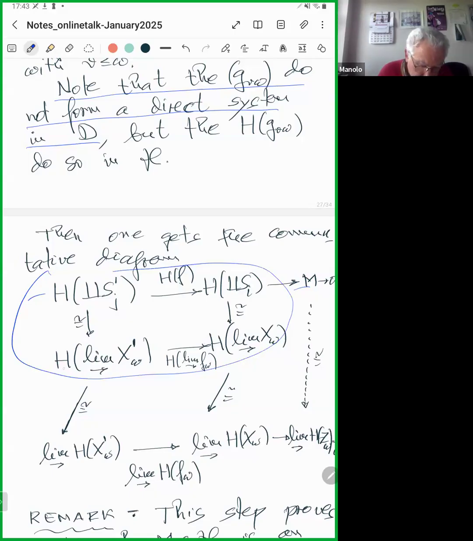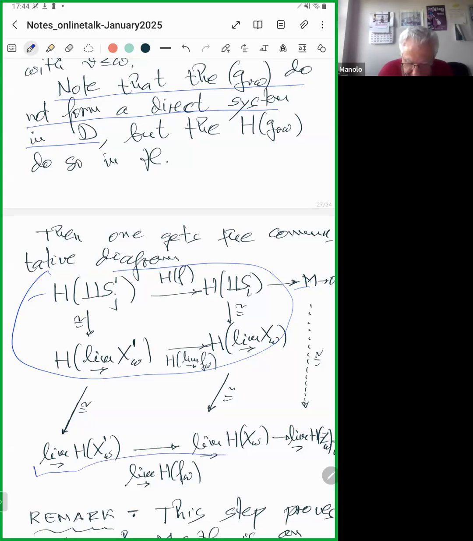But now remember that if you restrict H to the I, then it is left adjoint to the inclusion from the heart in the I. And as a consequence, this is a direct limit of objects in the I, then H should preserve those direct limits, and then you have an isomorphism here precisely because of this condition of the restriction of H to the I. Now, of course, you are working in an abelian category, and then direct limits are right exact.